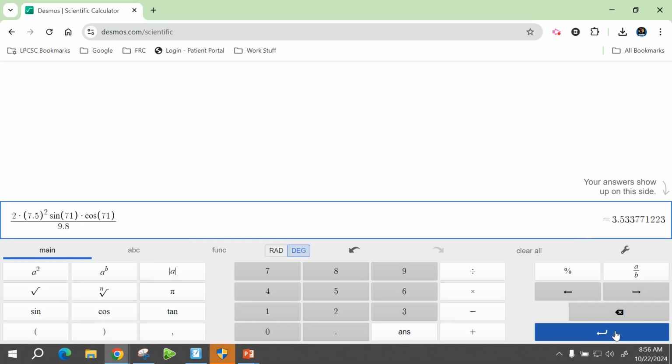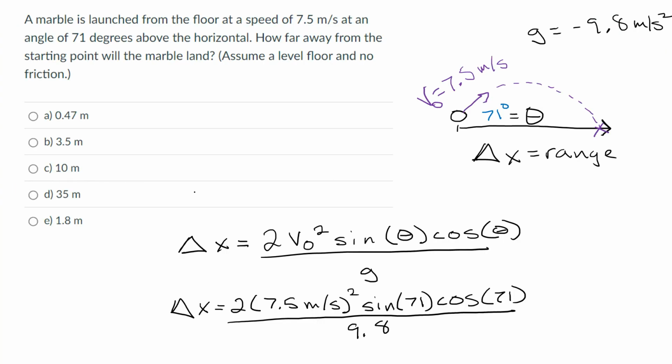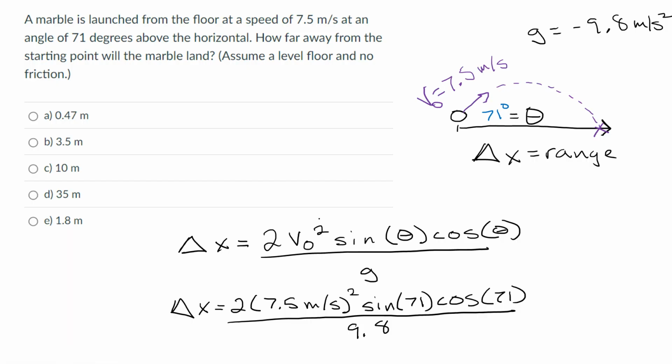All right, so my answer is about 3.53 meters. This is approximately 3.53 meters. If you were to round that, I would guess it's probably this one. Any questions on that one?